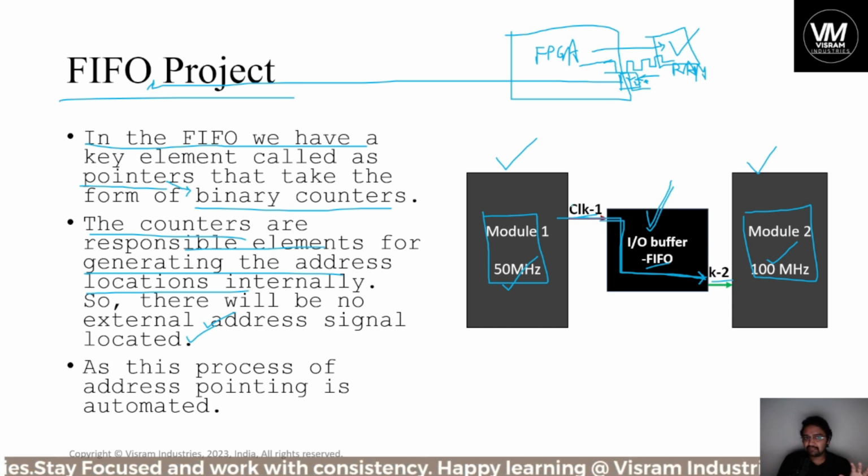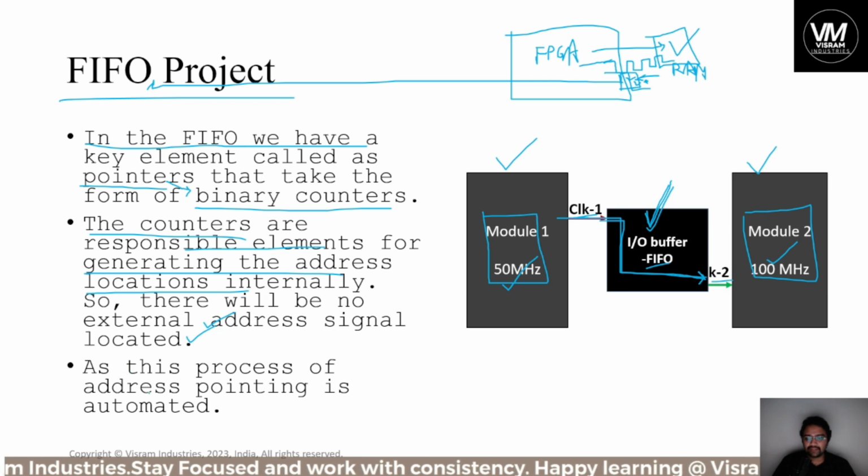There should be some bridging gap between two different clocks, right? That can be managed by the FIFO buffer as well. So there are many advantages in sending and operating the data between two modules at different clocks. We will discuss it in the next coming slides.